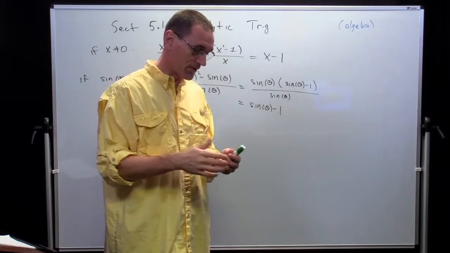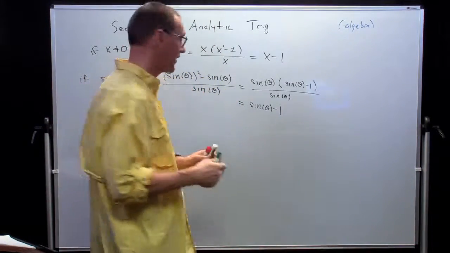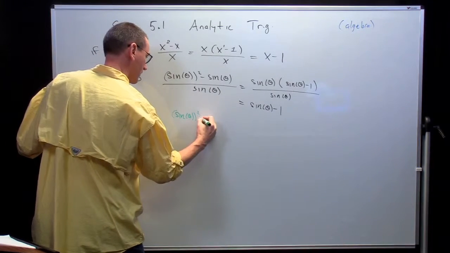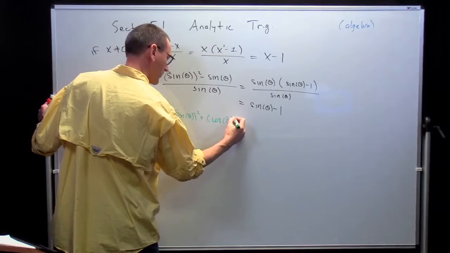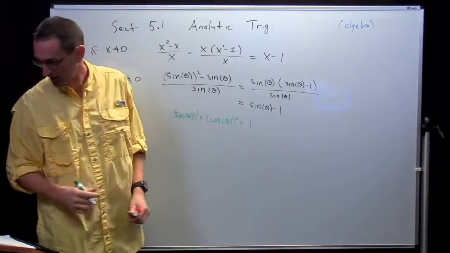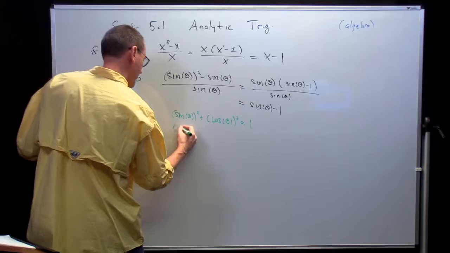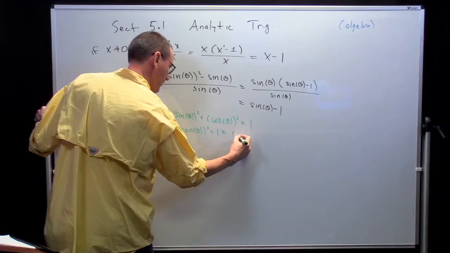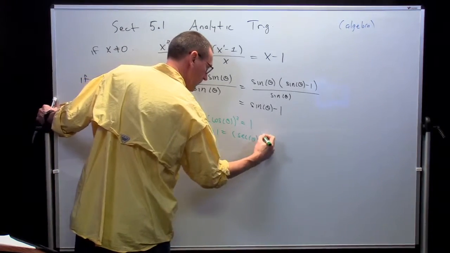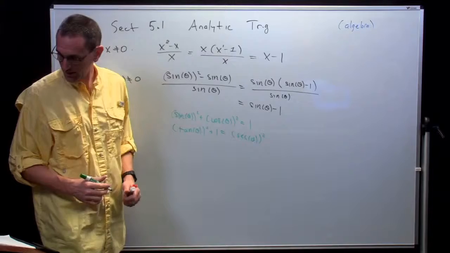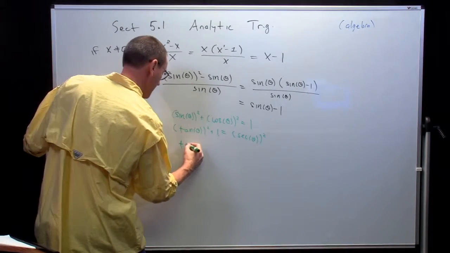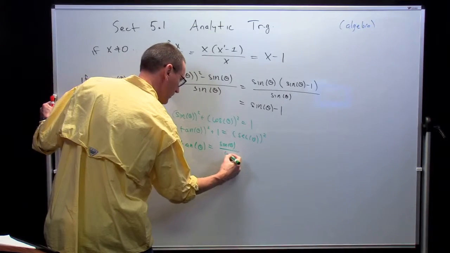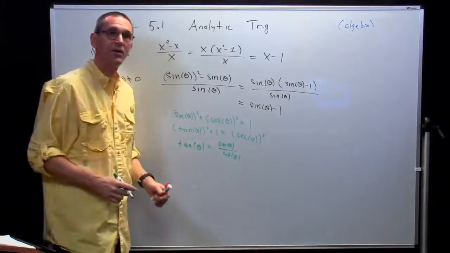Okay? The only other difference, though, is that we're going to have some identities. So of the identities, we're going to have the Pythagorean identity related to this. We have that version of the Pythagorean identity. We have identities like definitions of trig functions, for example, tangent.